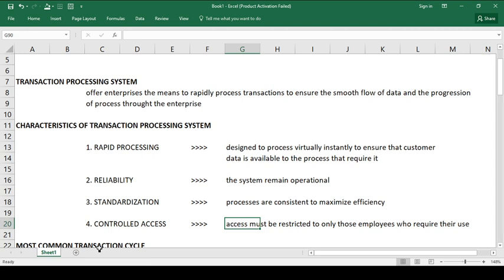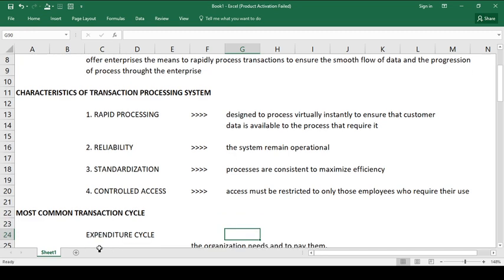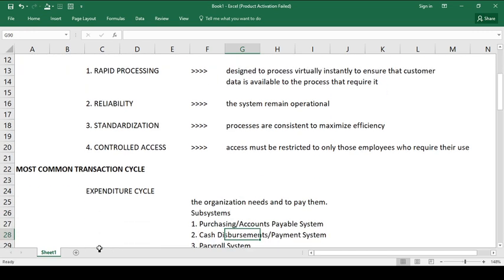The access to the system is restricted to limited employees, and those employees are authorized to access that system. So that is one of the characteristics of an effective, efficient, and good transaction processing system.